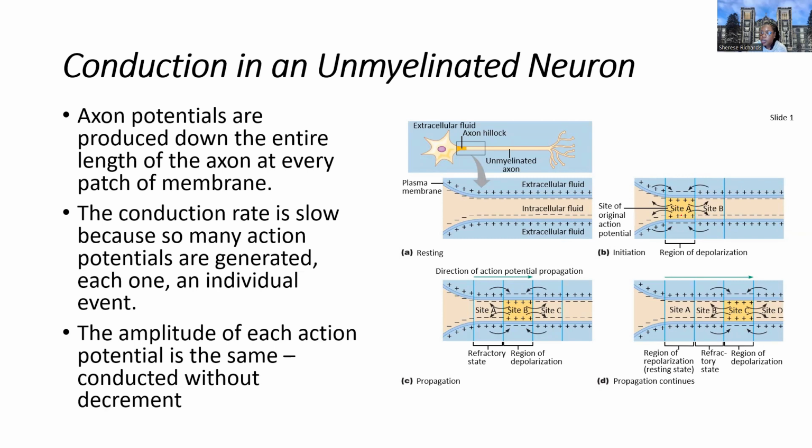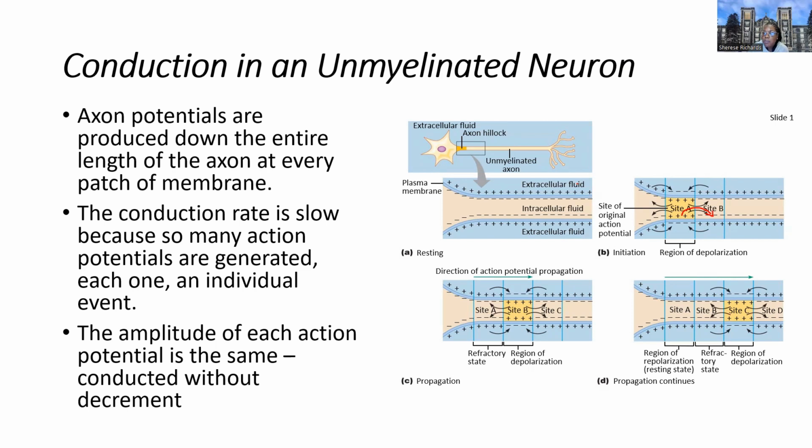The action potential then jumps from site A to site B. If you look at the third panel here, site B is now depolarized. Site A is now in its refractory state, so it cannot be depolarized again, at least not immediately. And then site C is going to receive the depolarization next. So this is moving the action potential from one segment to the other.